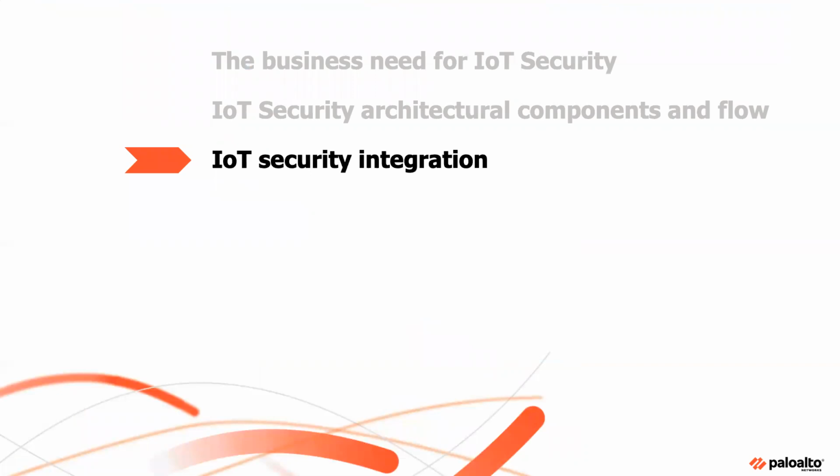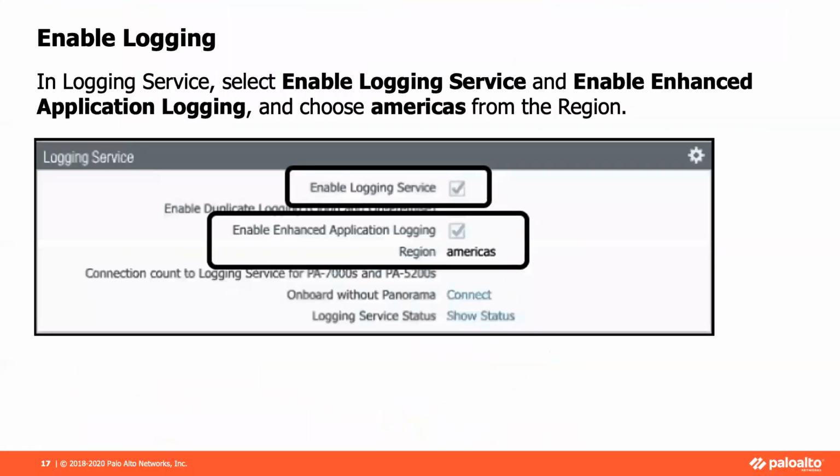And then how do we get this up and running? So when it comes to Prisma Access, this is an add-on product. First thing you've got to do is enable enhanced application logging. And this is going to be under the logging settings.